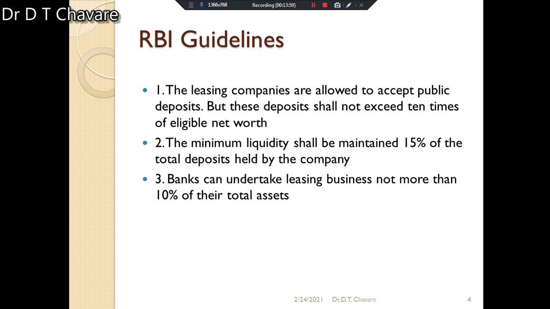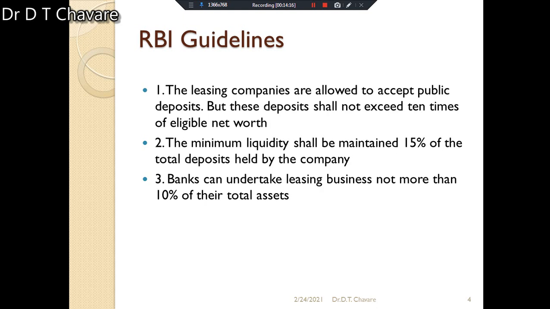Then another guideline given by the RBI is that banks can undertake leasing business. It means permission is given to the banks for leasing business also, but not more than 10% of their total assets. That is the restriction.